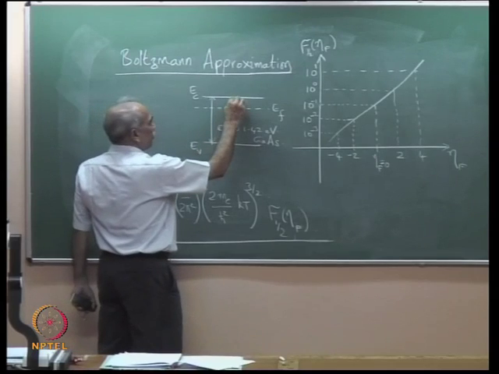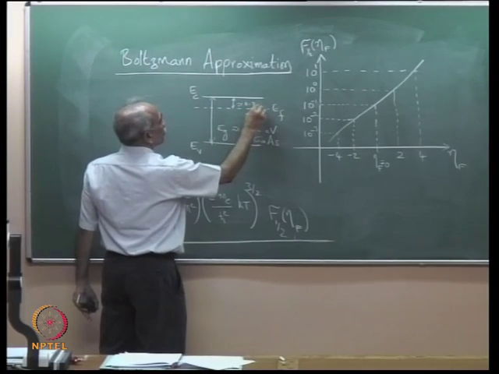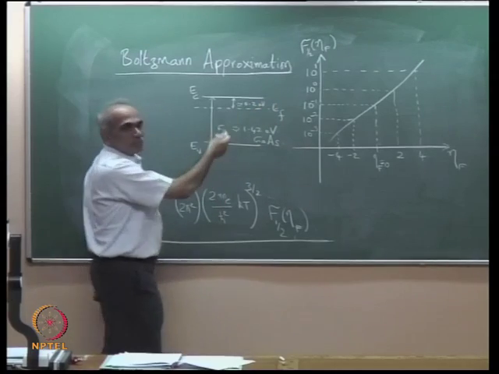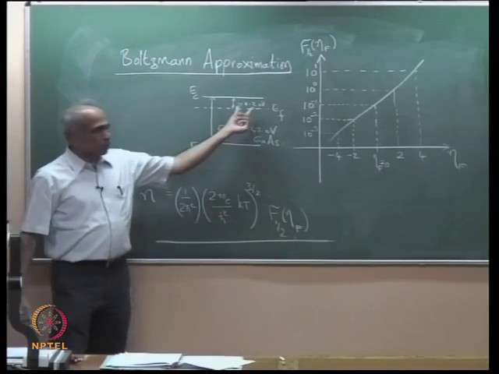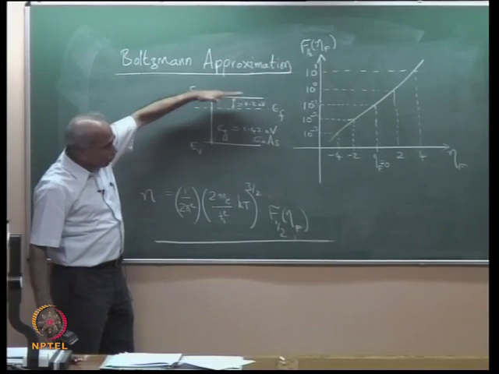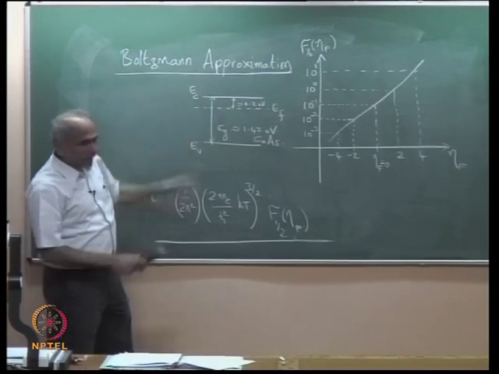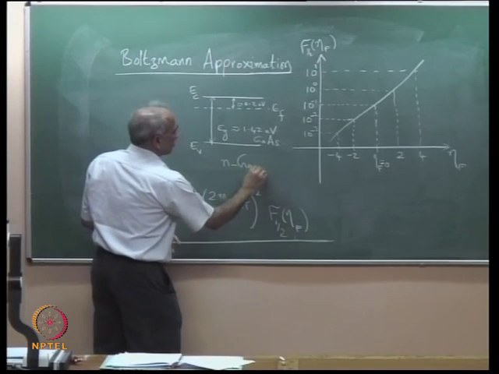Let us say this difference here is about 0.2 eV. I put some numbers because numbers make it clearer. It has already moved closer to the conduction band because it is an n-type material, n gallium arsenide.